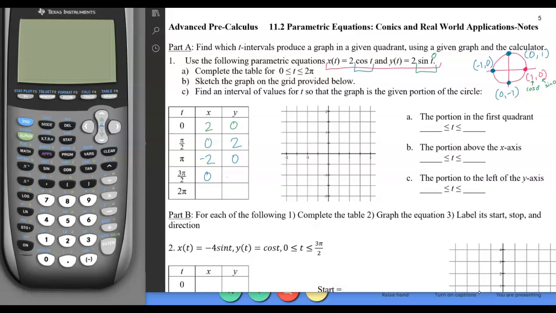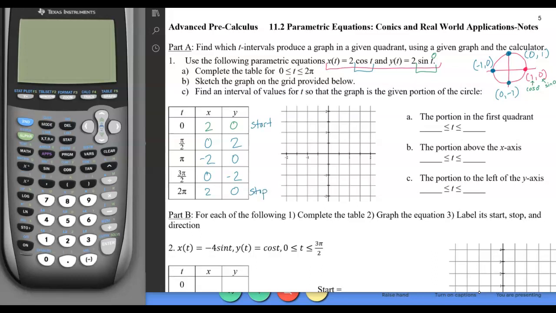So -1 times 2 is -2. And lastly, our 2 pi angle is actually the same angle as what? 0. So we can just copy down that starting point. This is our starting point, and this is our stopping point.